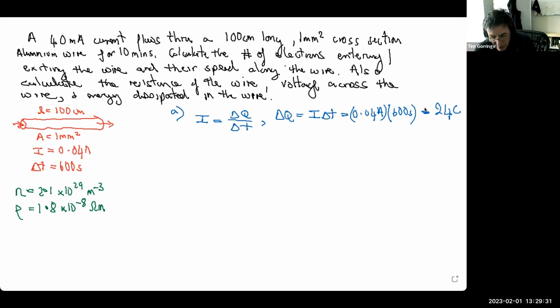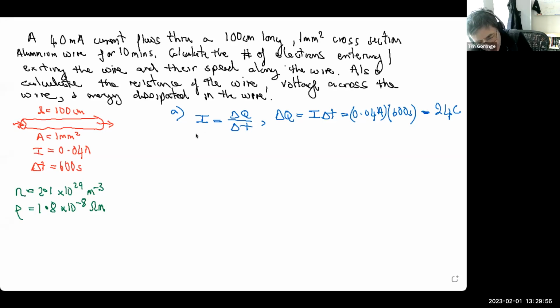Now, that charge that was flowing along the wire was due to many, many electrons flowing along the length of the wire. Each electron carries a charge of 1.6 times 10 to the minus 19 coulombs. And so now I want to figure out how many of those electrons correspond to a total charge of 24 coulombs.